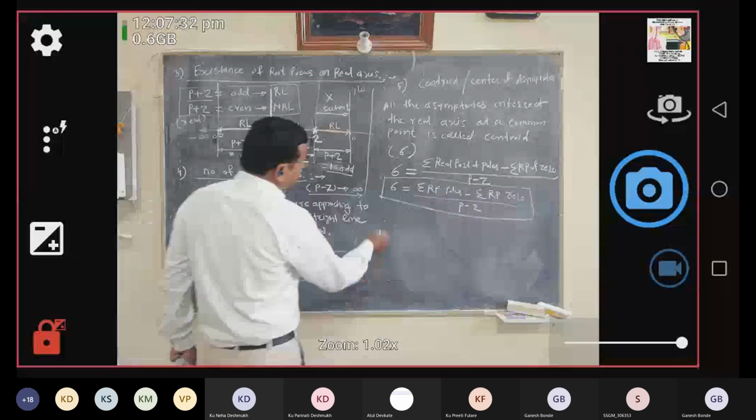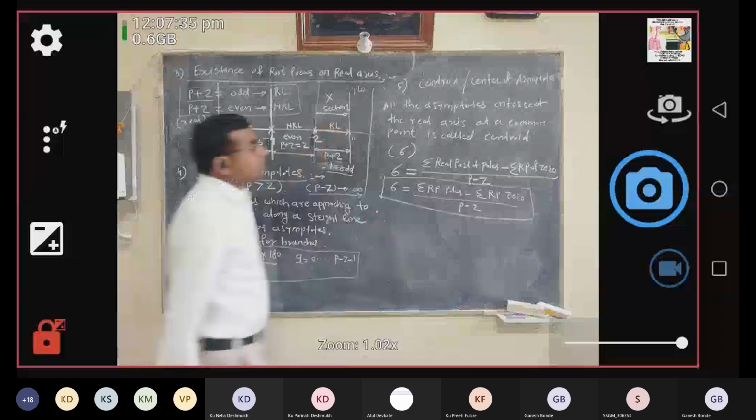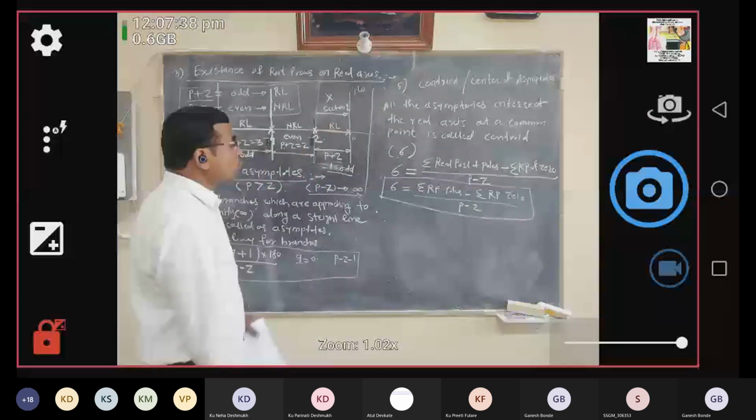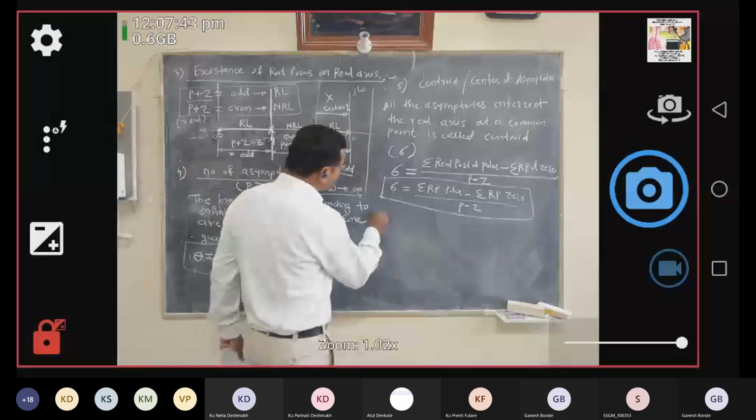And this sigma is always located on the real axis. So you just write down the properties of the centroid.